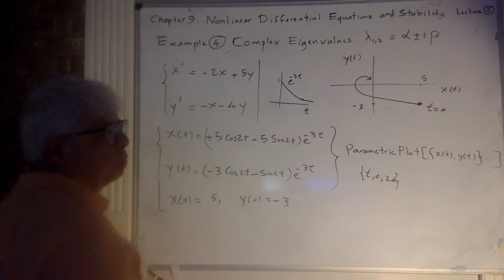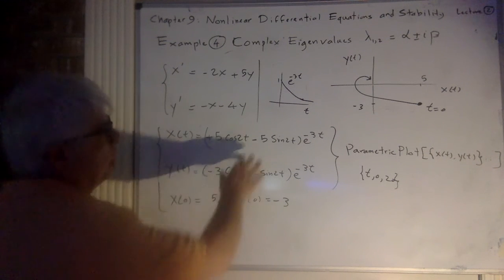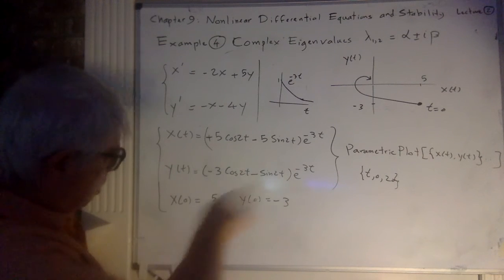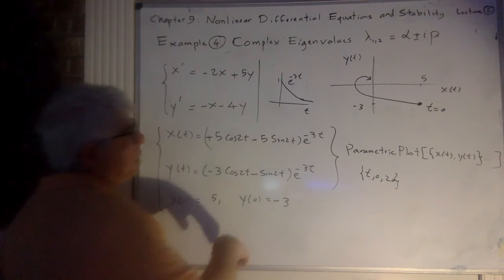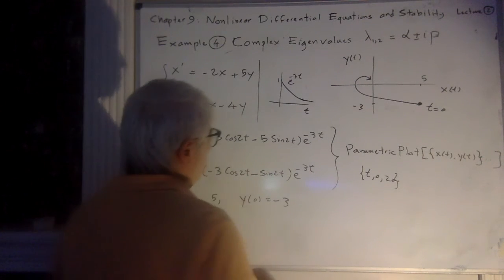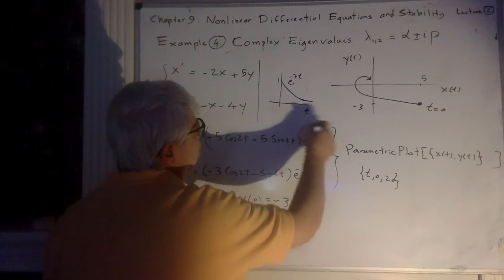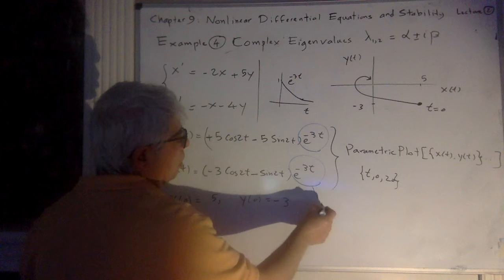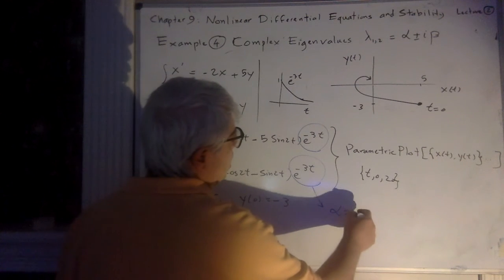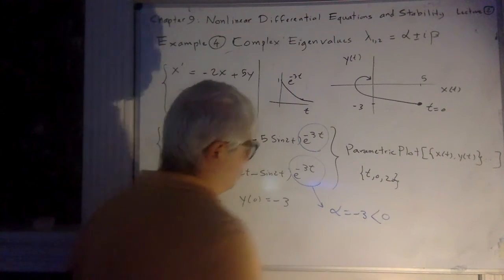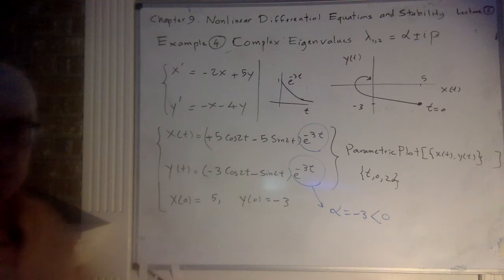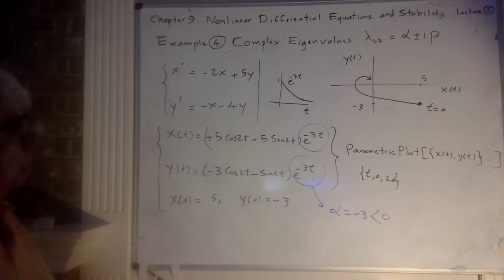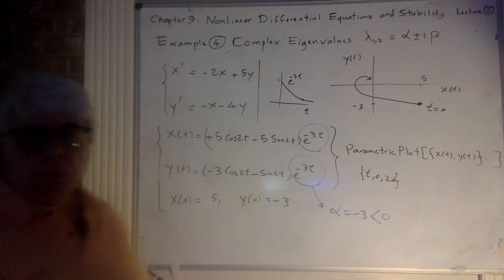This gets so small that multiplied by this will give me a very small number. And I will plot these two and you will see. But anyway, the thing that contributes to stability is this. And this is because alpha is -3, less than 0. That is because alpha is negative. Okay? So with alpha negative, we get stability.